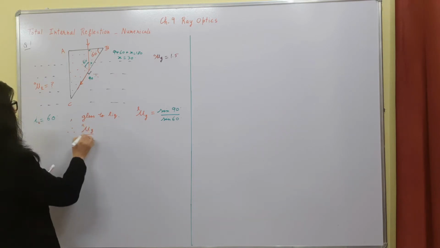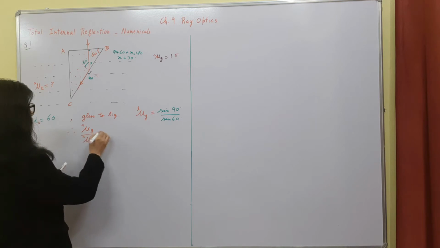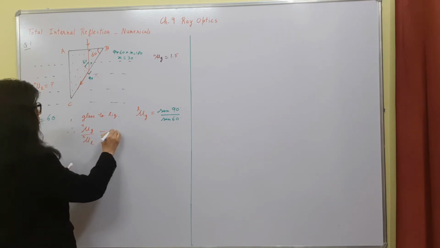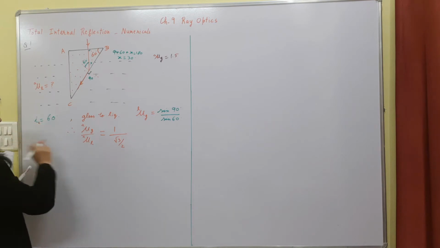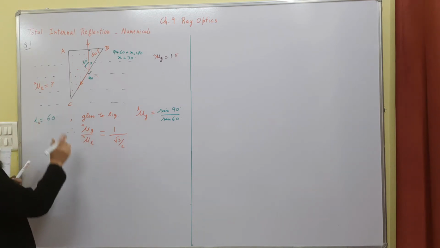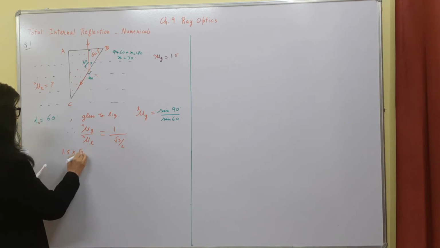Obviously with respect to air, this is absolute refractive index, so simply we can write it mu g or mu l also. So this is sine 90 is 1, sine 60 is root 3 by 2, right? And we know that refractive index of glass is given 1.5 into root 3 by 2.